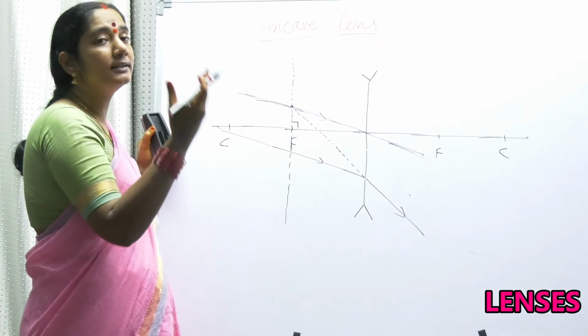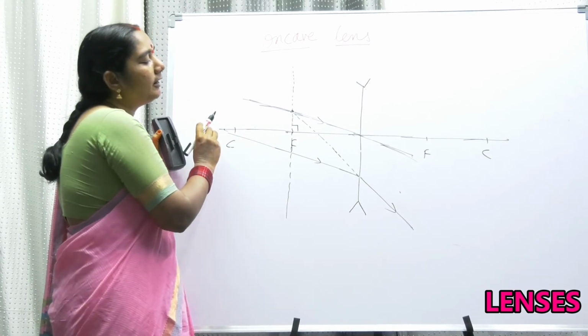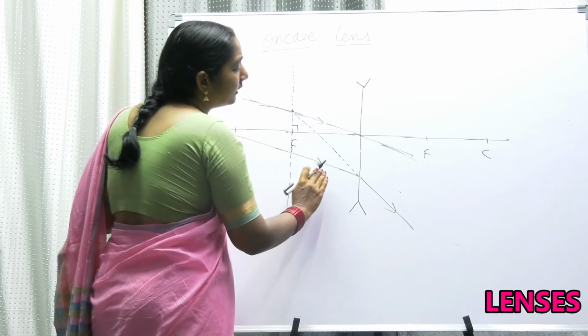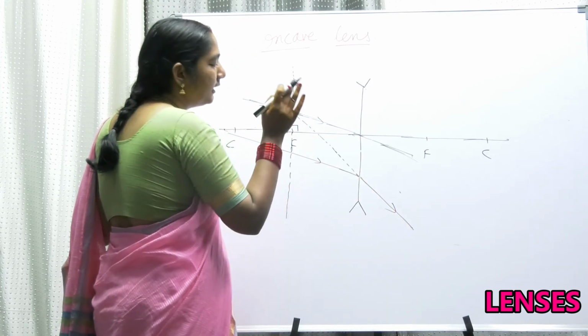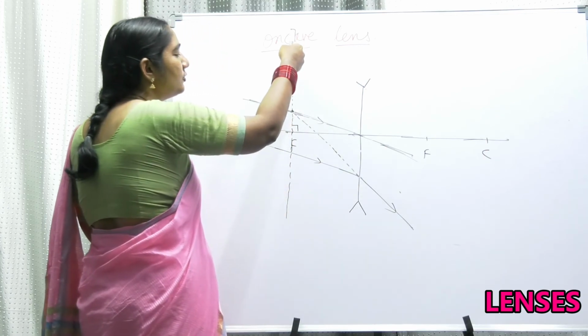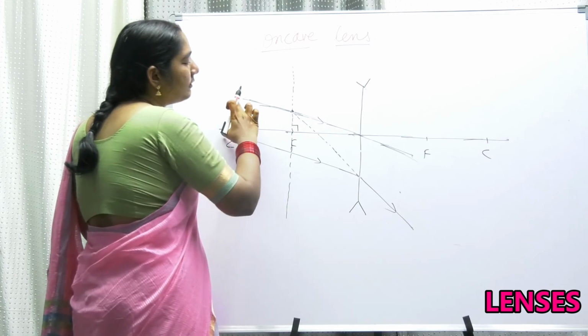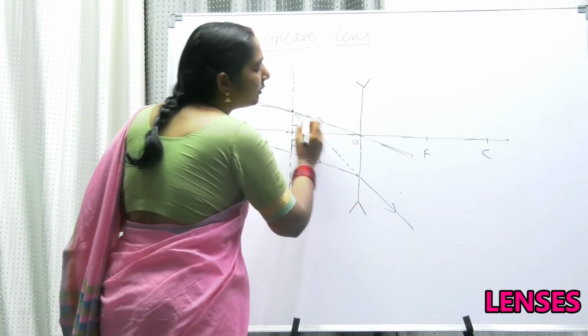Similarly, we have seen in the case of a convex lens, now also we are seeing the same. If a point source is emitting a ray, and we have a doubt to what extent it has to be deviated, first draw a perpendicular from F. Now draw a line parallel to this ray through the optical center, which goes straight without any deviation.